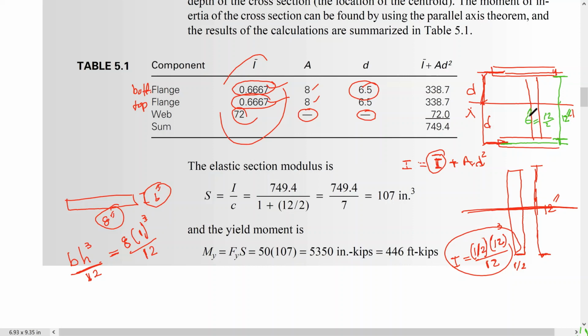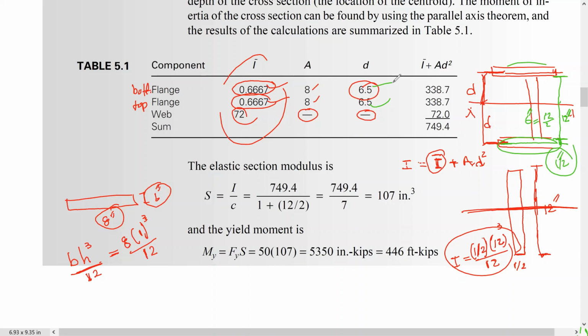So 6 inch plus half of the thickness here, which is 1/2, since the thickness is 1. It's going to be 6 plus 1/2, 6.5. And same for the upper and lower flanges, they are equal.